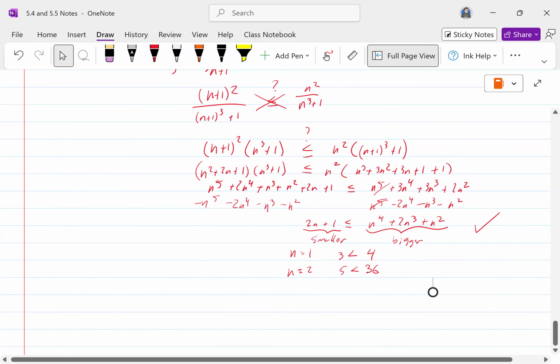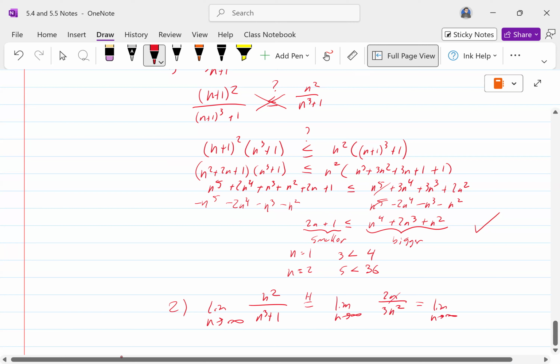Okay. Now let's do the limit. That was the hardest part of this problem, that one. Let's do the limit as n goes to infinity of b sub n. We saw that that was n squared over n cubed plus 1. Let's use L'Hopital's rule on this. Okay, derivative of the top is 2n, derivative of the bottom is 3n squared. Okay, this equals the limit as n goes to infinity.